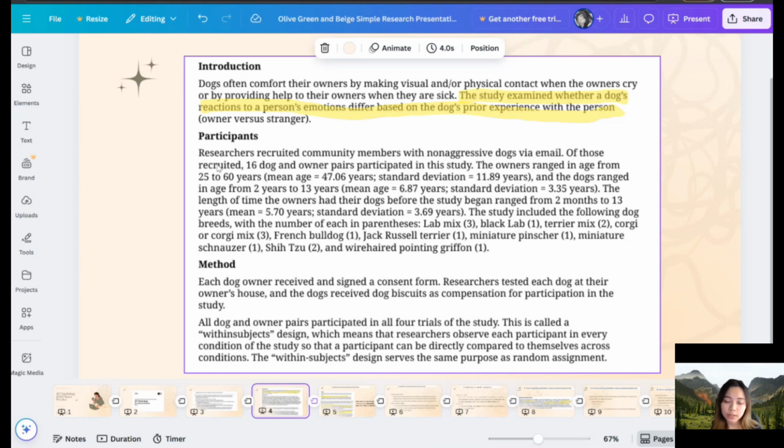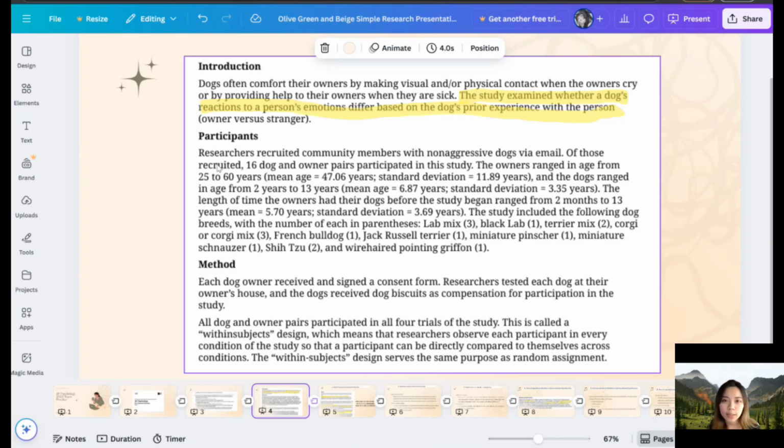So for the study we're going to talk about, dogs often comfort their owners by making visual and or physical contact when the owners cry or providing help to their owners when they are sick. The study examined whether a dog's reaction to a person's emotion differs based on the dog's prior experience with the person, which is the owner, versus a stranger.